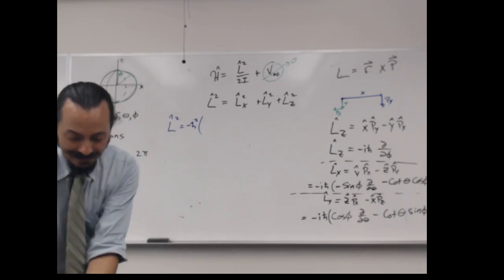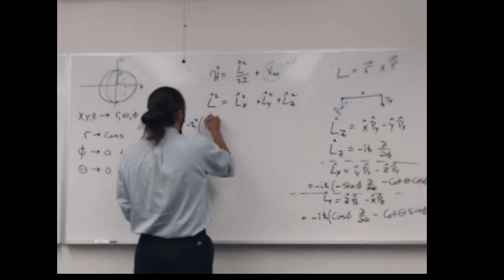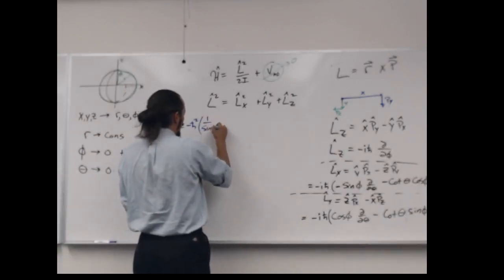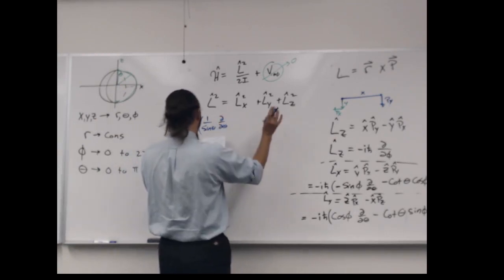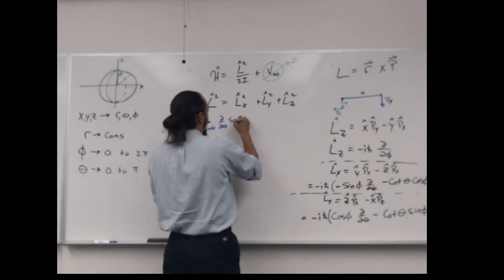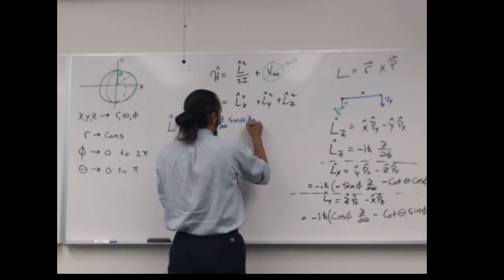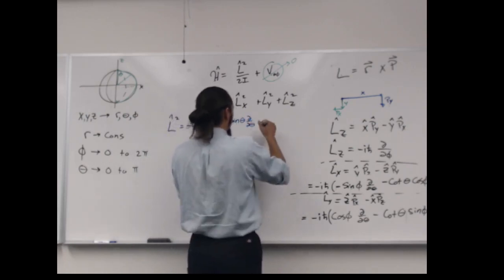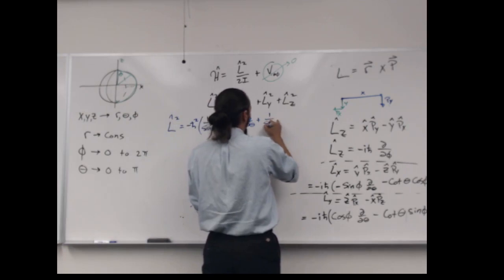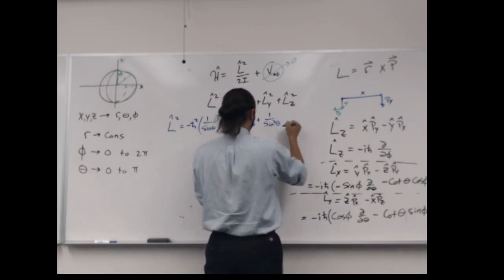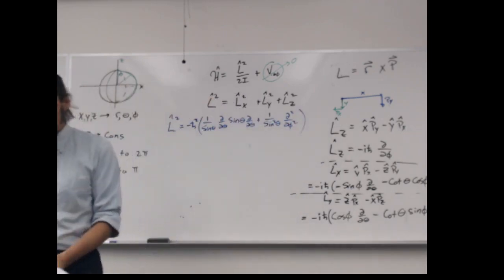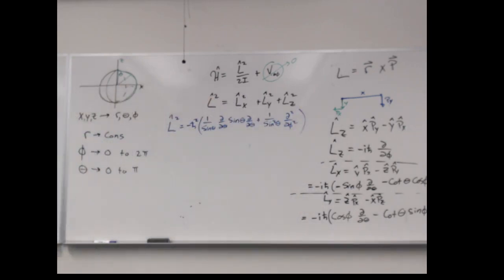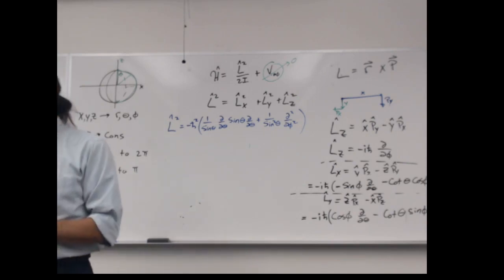And this is the thing I erased that I had written down just a second ago. 1 over sine theta, d by d theta, sine theta, d by d theta, plus 1 over sine squared theta, d by d phi squared. That's our L squared operator.